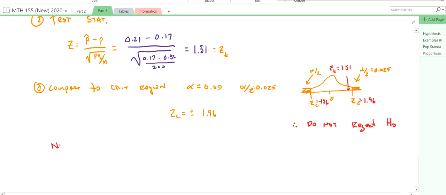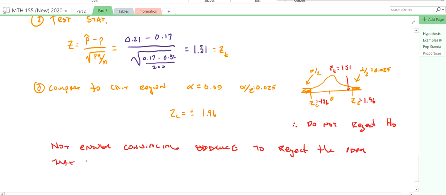There is not enough convincing evidence to reject the idea that 17% of young people are obese. And that's all I have time for.